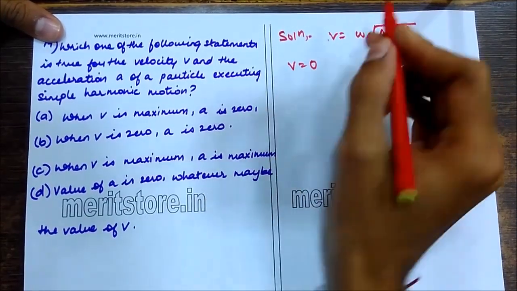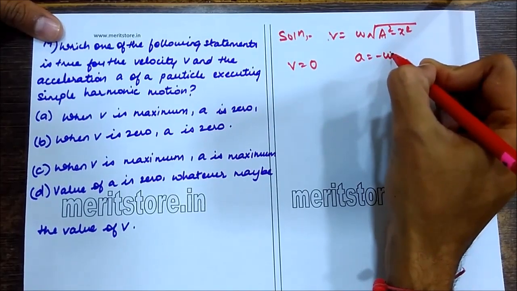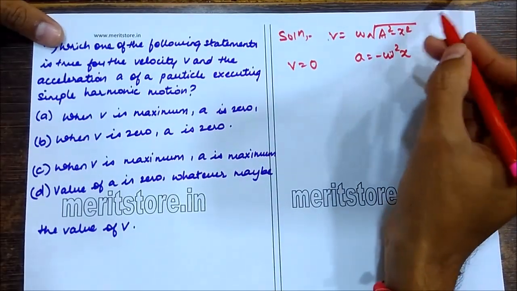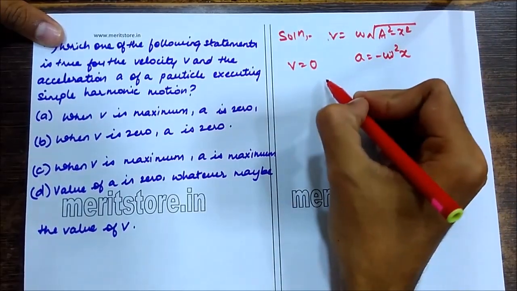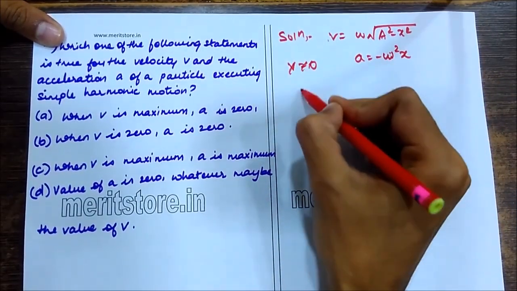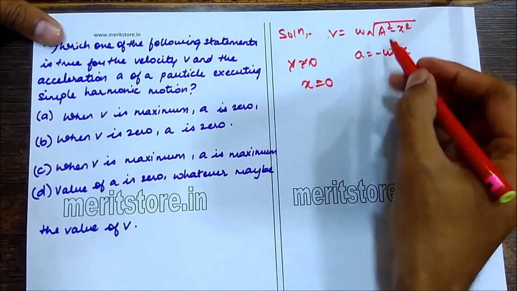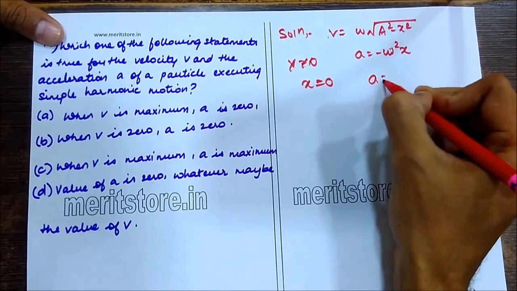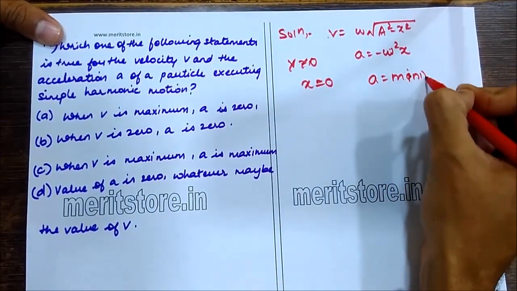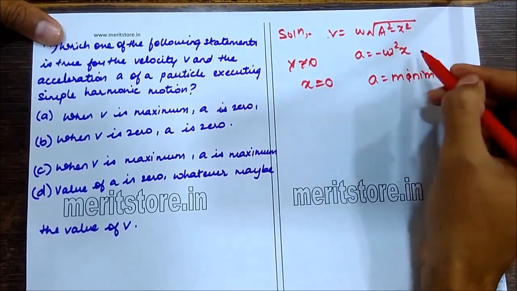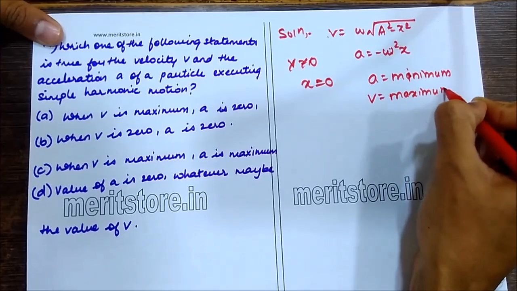When v is equal to 0, we also have acceleration, which is equal to minus omega square x. Suppose we put x equal to 0. Firstly, if the displacement x is equal to 0, then acceleration is minimum, a becomes equal to 0, and velocity becomes maximum.